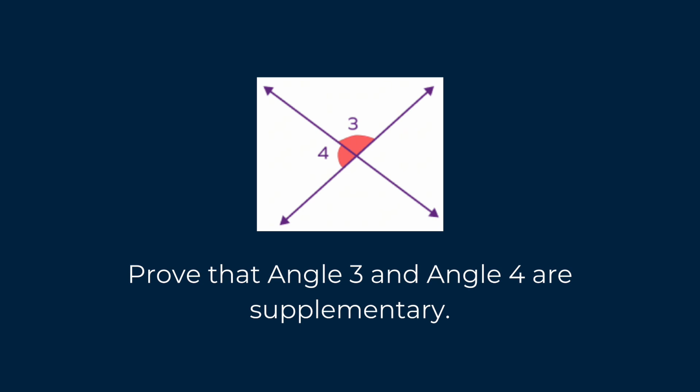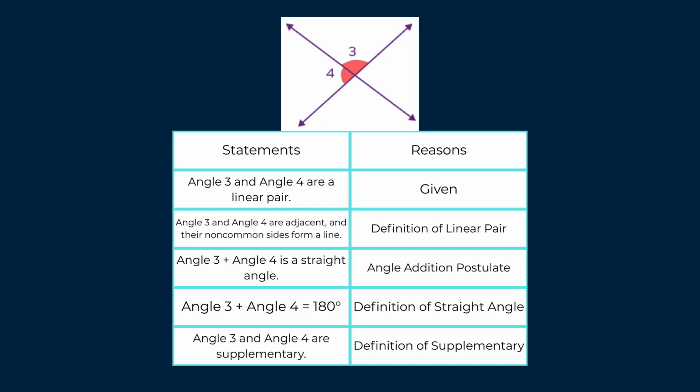And here is the two-column proof for the linear pair theorem. Now, it can be easily deduced that angle 3 and angle 4 are adjacent, and their non-common sides form a line, because that's what a line is.